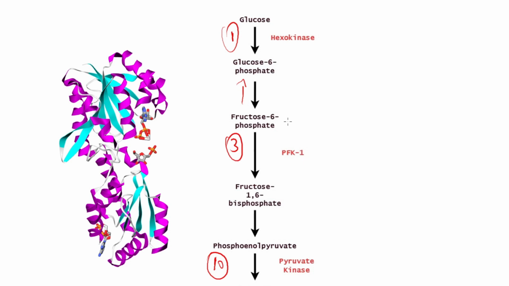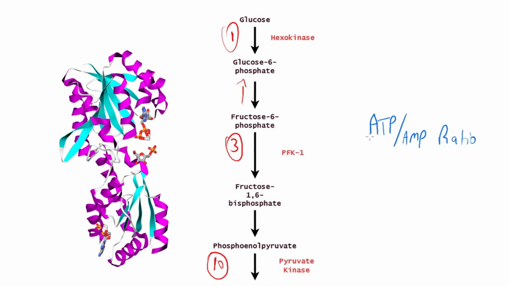Unlike the liver, the muscle is not involved in blood glucose regulation. So in the muscle, regulation mainly depends on the ATP to AMP ratio. The more ATP you have, it means the more energy you have. Therefore, it inhibits certain enzymes. So in the muscle, it depends on the ATP versus AMP ratio.